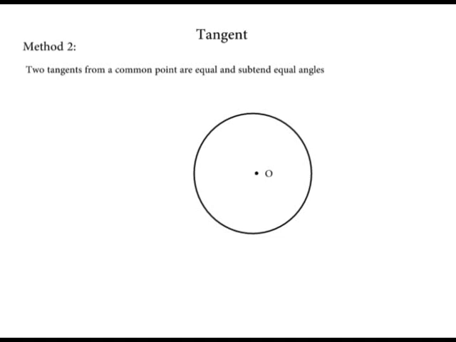Method 2. We also saw that 2 tangents from a common point outside the circle are equal and also subtend equal angles. And so from a circle with center O, draw line OA and mark A anywhere outside the circle. Construct a perpendicular to the line OA.